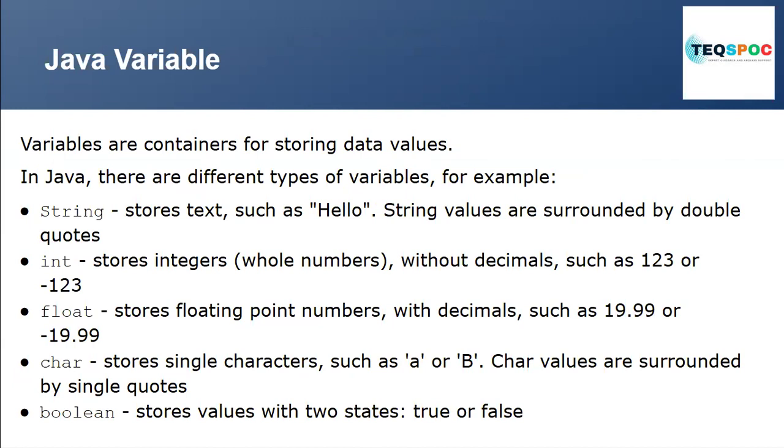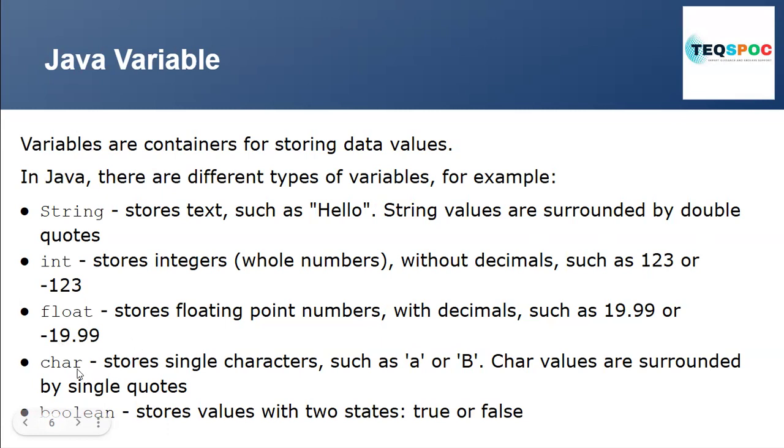Numbers are basically integers, positive or negative. A floating point number is a number which has a decimal value. A simple integer does not have the decimal point, such as 123 or minus 123.